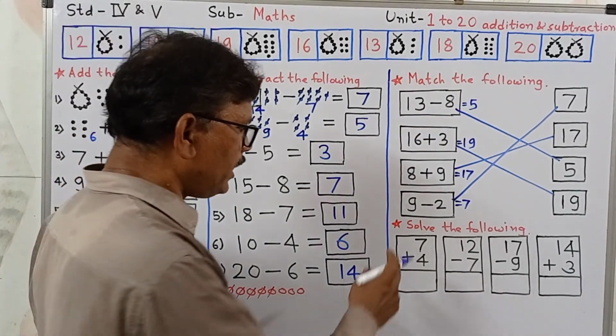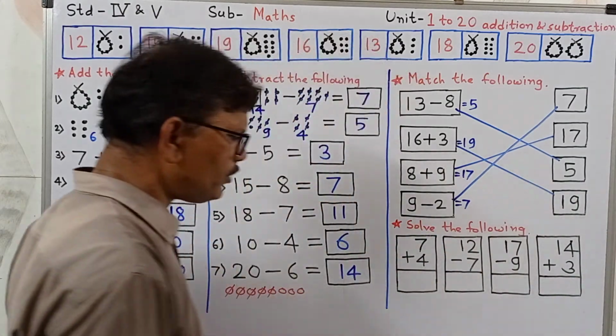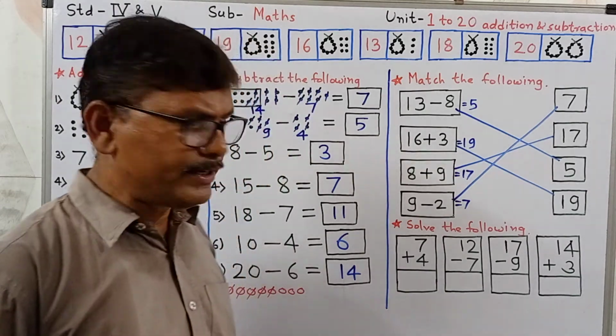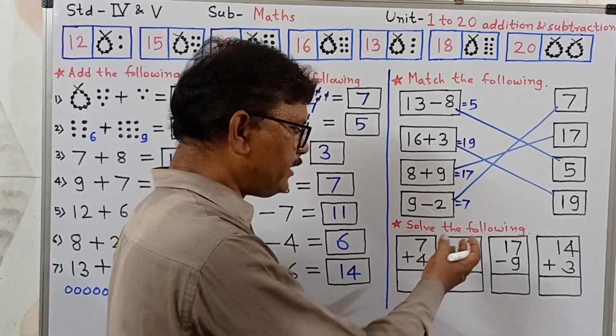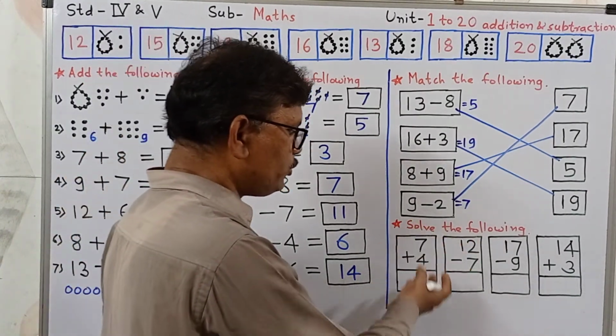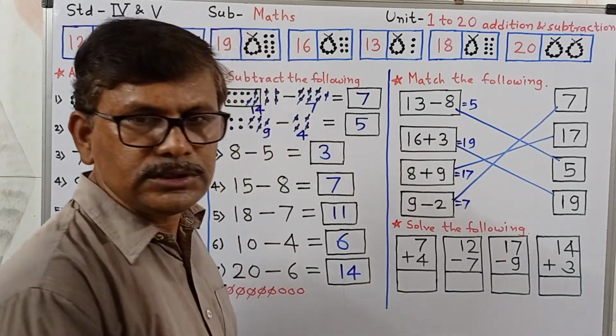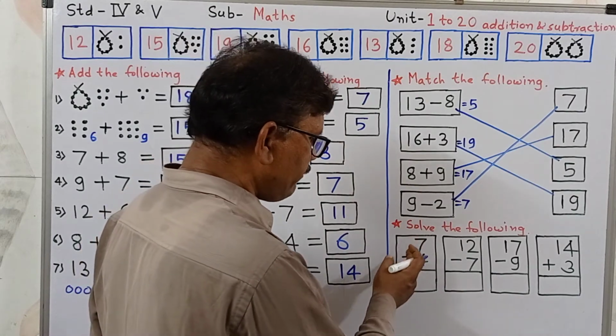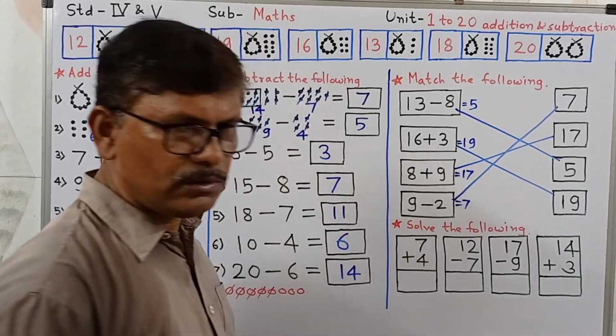Okay. Now here, solve the following. These sums are arranged vertically, the addition and subtraction. Okay. So here 7 plus 4.